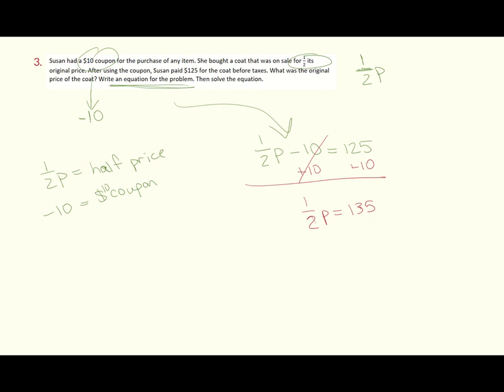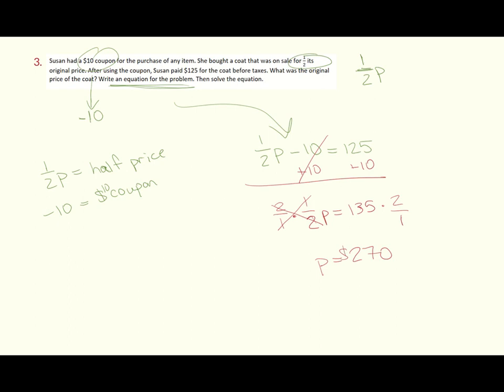So how do you solve for P? If I'm dividing by 1/2, that's the same as multiplying by its reciprocal, which is 2/1. So that will cancel out, and I get P equals 135 times 2, which is 270.